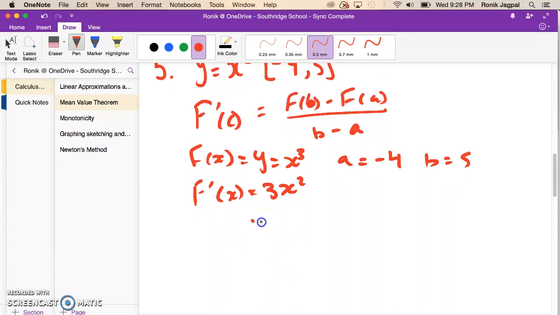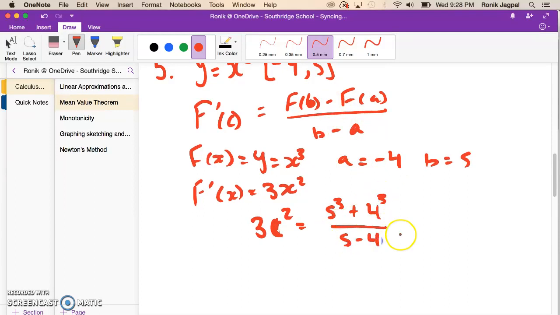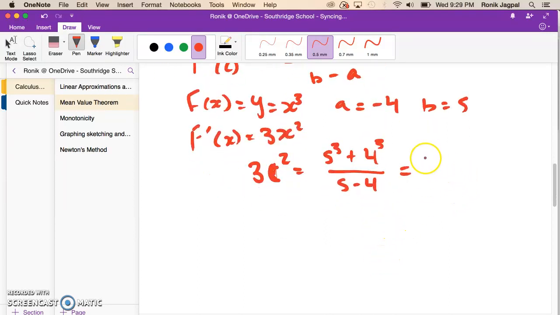So now we know that 3c squared is going to be equal to f(b), so 5 cubed, plus, because we switch the sign around, 4 cubed, all over 5 minus -4, which should get us 189 over 9, and if we divide that, that gets us 21.